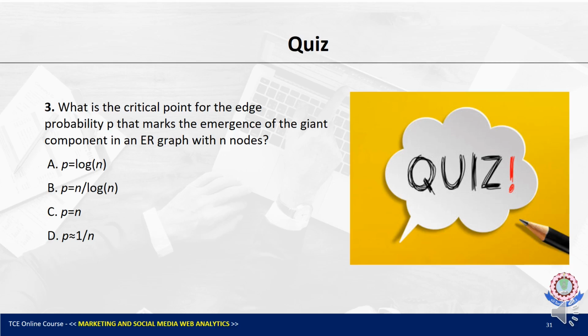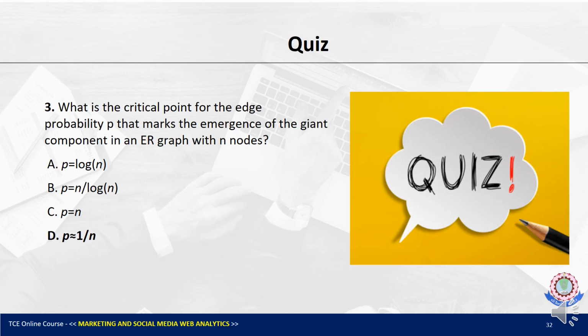Third question. What is the critical point of P at which a giant component appears? The options are P equal to log n, P equal to n divided by log of n, P equal to n, and P equal to 1 by n. So the answer is option D, P equal to 1 by n.